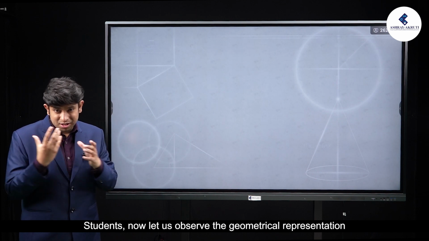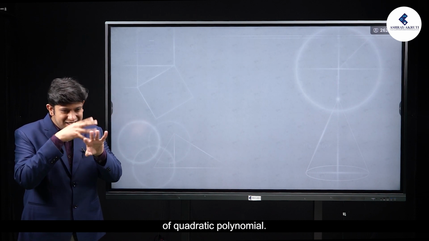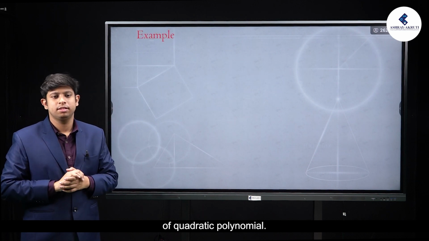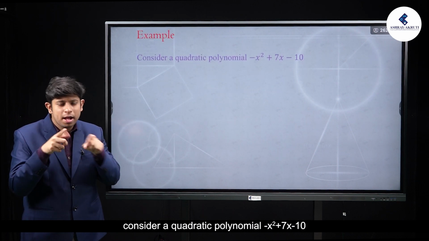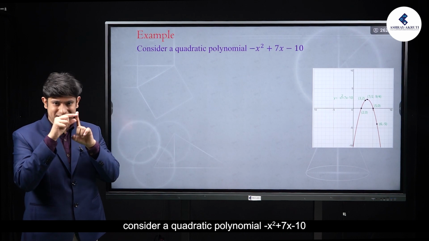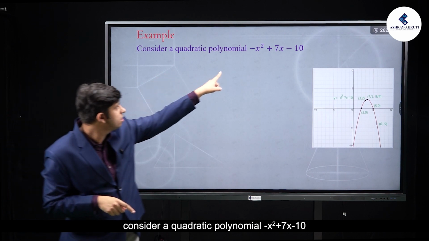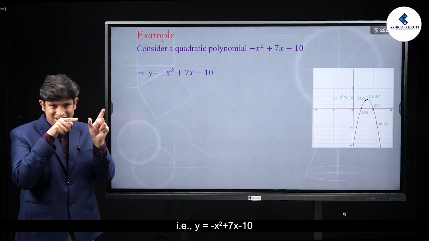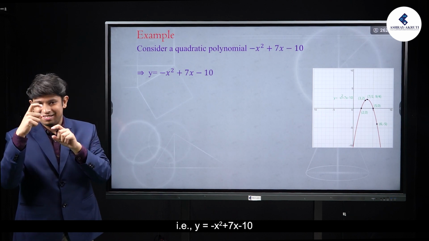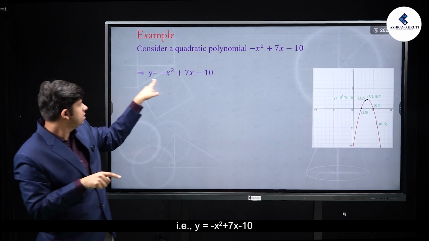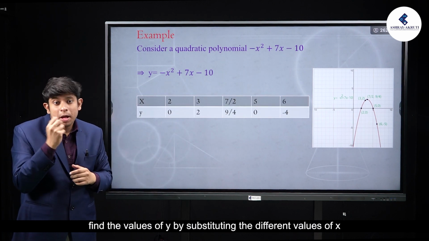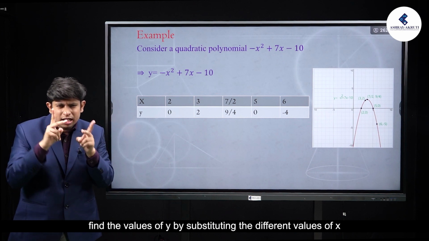Now let us observe the geometrical representation of a quadratic polynomial. Example: consider a quadratic polynomial minus x square plus 7x minus 10, that is y equal to minus x square plus 7x minus 10. Find the values of y by substituting different values of x.